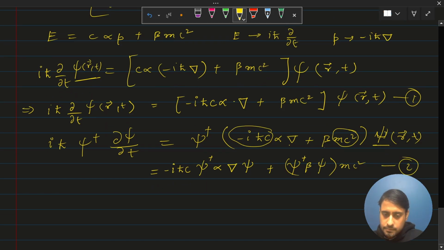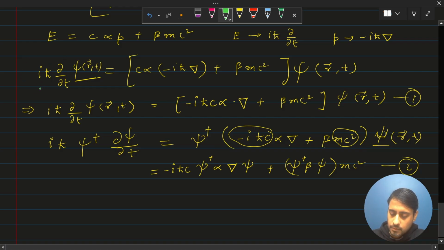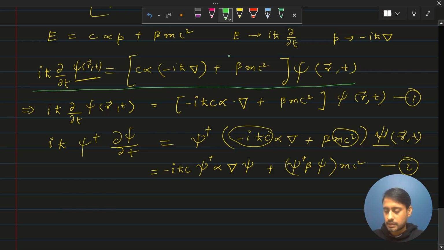Now we can take the Hermitian conjugate of this equation itself. The whole equation we can take the Hermitian conjugate. If you take the Hermitian conjugate of this whole equation, write all the terms with their conjugate and replace iota by minus iota.